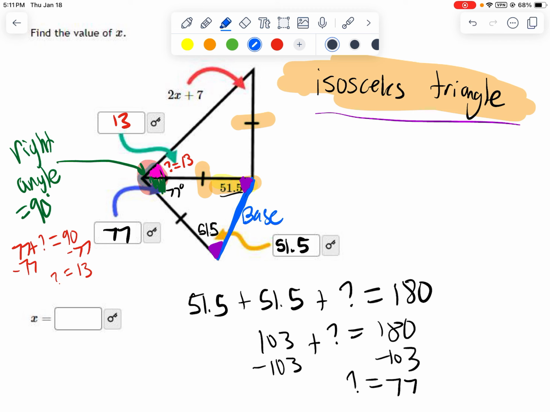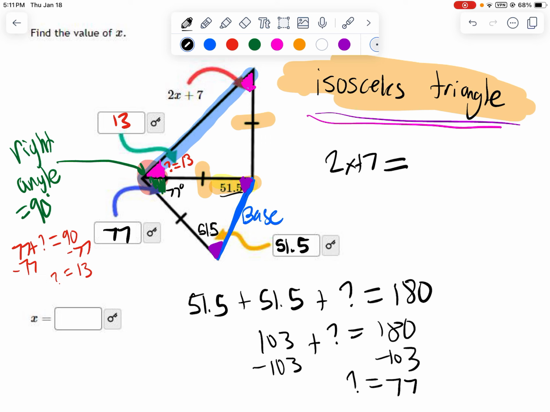It's the third side that's not congruent to the others, meaning that here's base angle number 1. We already have base angle number 2 highlighted, right? And by properties of isosceles triangles, you know the base angles are the same, which means that 2x plus 7 must be the same as 13. There is the relationship.